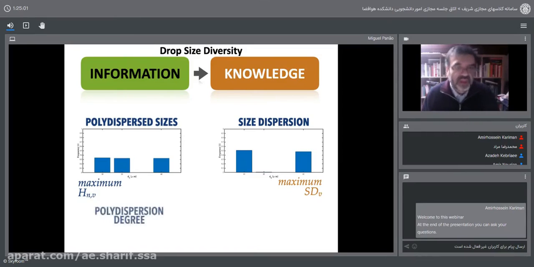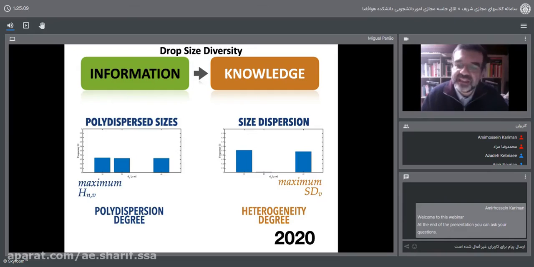So the first quantifies the polydispersion degree of drop size diversity, while the latter quantifies the heterogeneity degree in drop size diversity. This is something I introduced last year, which I think gives a little more clarity into this uniformity degree of the spray, which is very important in many applications.